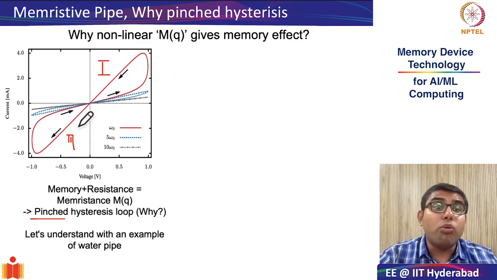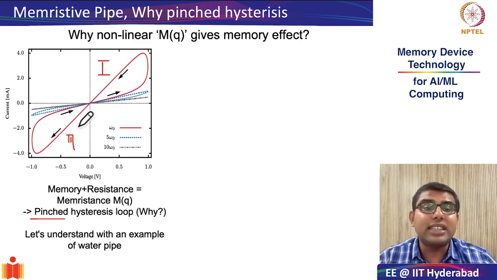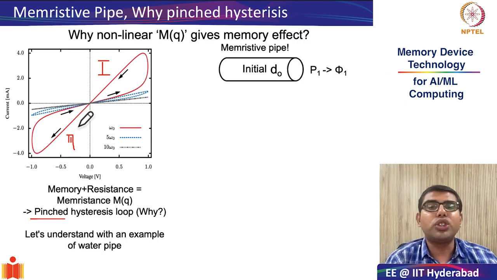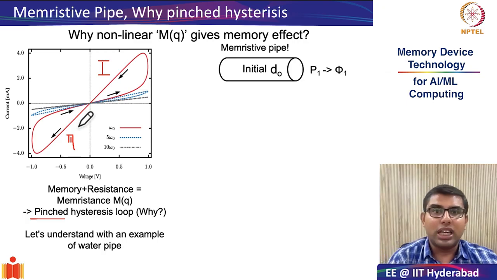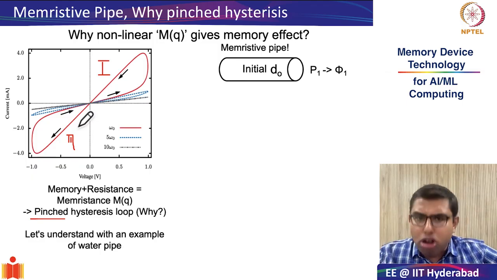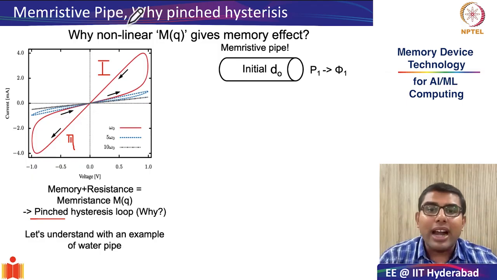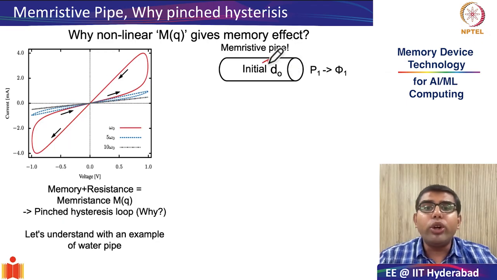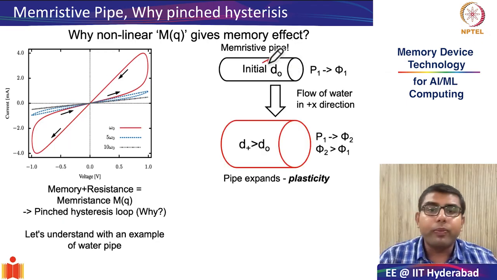Now let's understand why you are getting this pinched hysteresis with a simple example of a water pipe. Let us look at the example of the so-called memristive pipe. In the memristive pipe, initially you take a normal pipe with a diameter of D0, and you are now going to flow some water through the pipe.